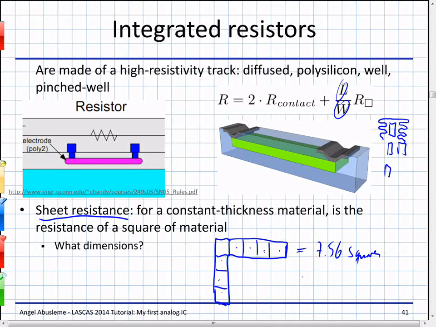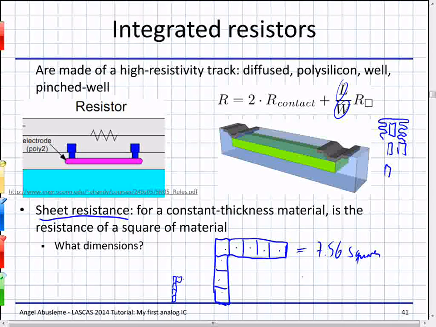Then you might ask, well, if I want to save room, we could do this with smaller squares, right? We could do exactly the same thing with smaller squares. Right, but then you can't have much current on it, so there's a minimum you can have.